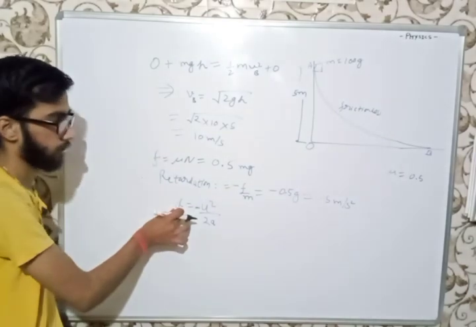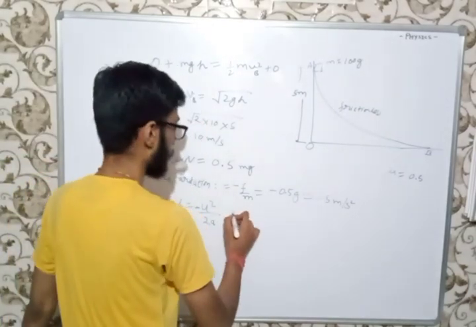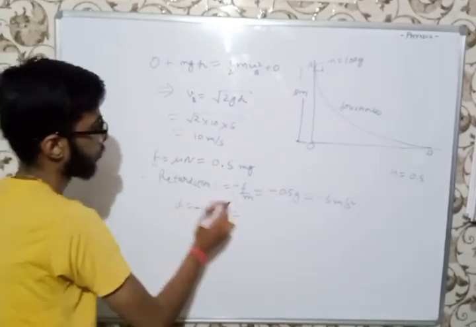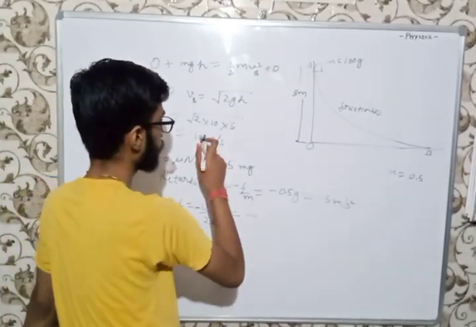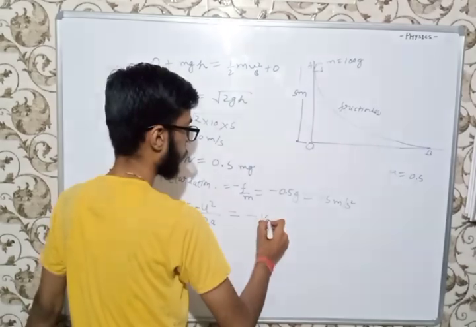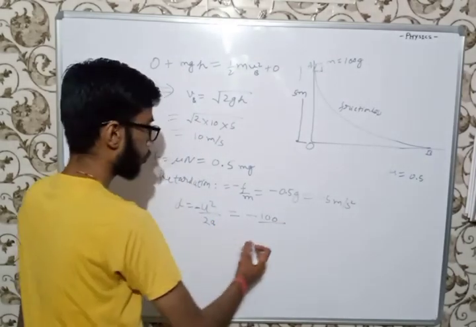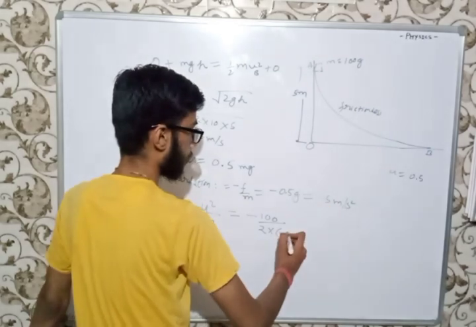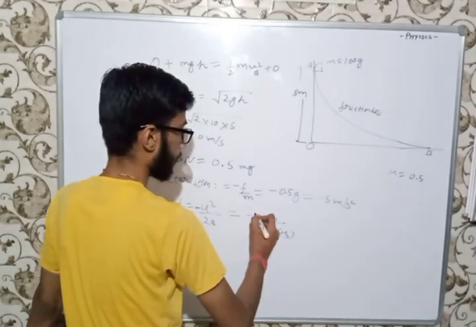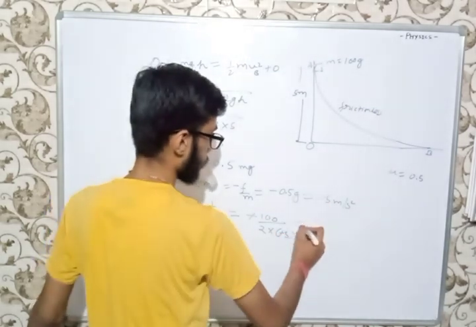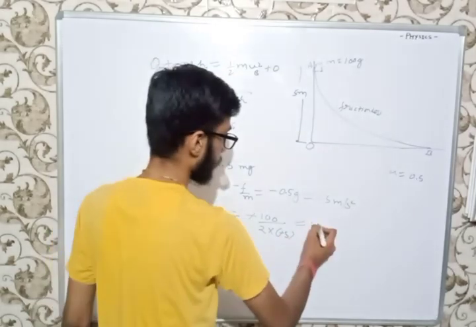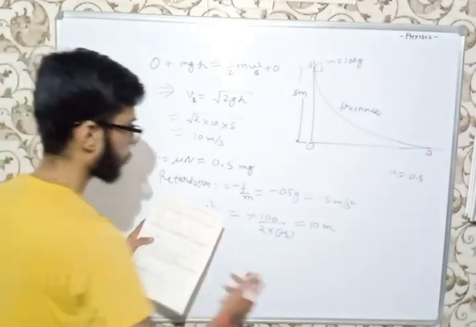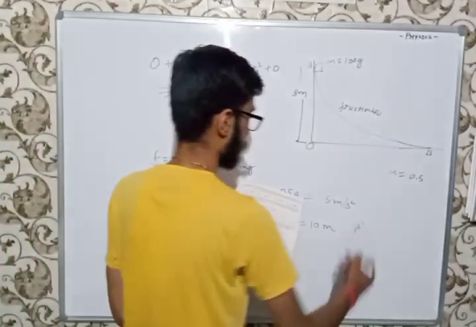This value will work as u, so u square is 10 square, 100, upon 2a, where a is minus 5. Negative cancels, so it is simply 10 meter approximately. So that option is correct.